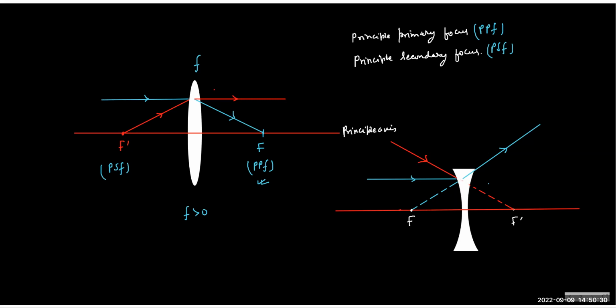Then, as per the rule, if the incident ray is directed towards the principal secondary focus, then after refraction it becomes parallel to the principal axis. So this will become parallel.